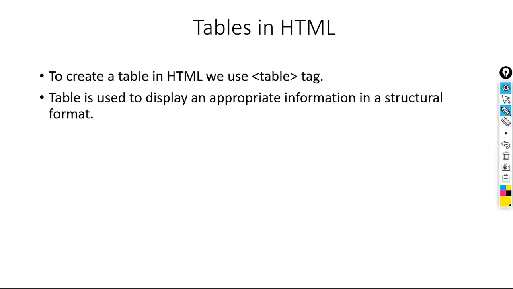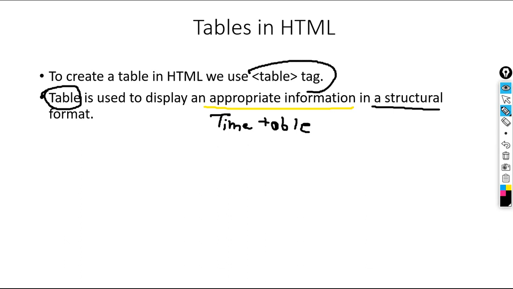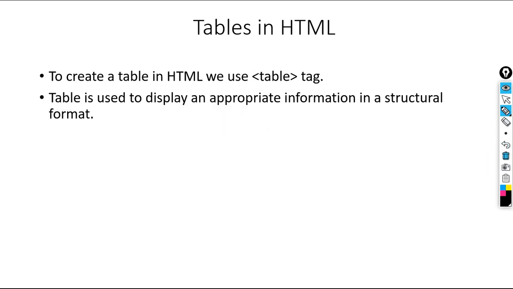For example, appropriate information can be a timetable of periods. We are representing the timetable in a particular structure, and for that we use a table, and to create a table we use the table tag in HTML. Understood?